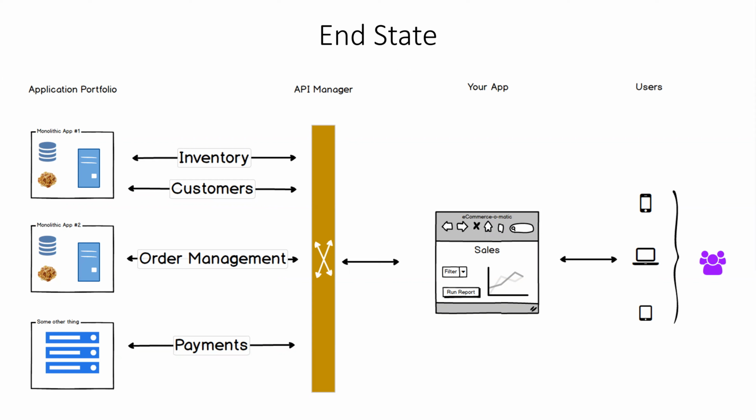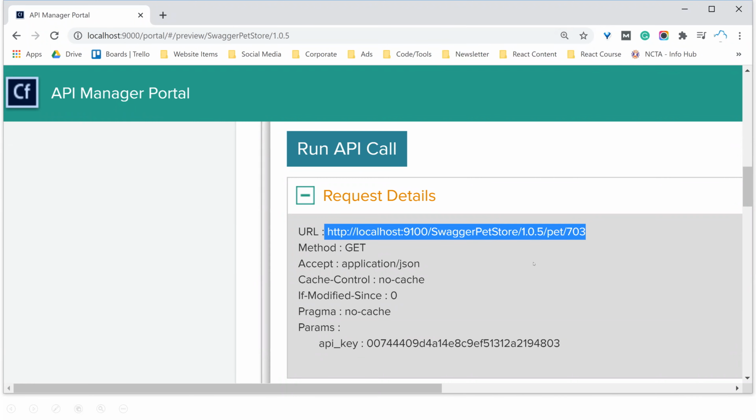So let me try to pull up the demonstration piece again. See this URL here? Let me make this bigger. This URL is a local URL to the API manager that operates on version 1.0.5 of this pet resource. And I have the pet ID, that's the signature.